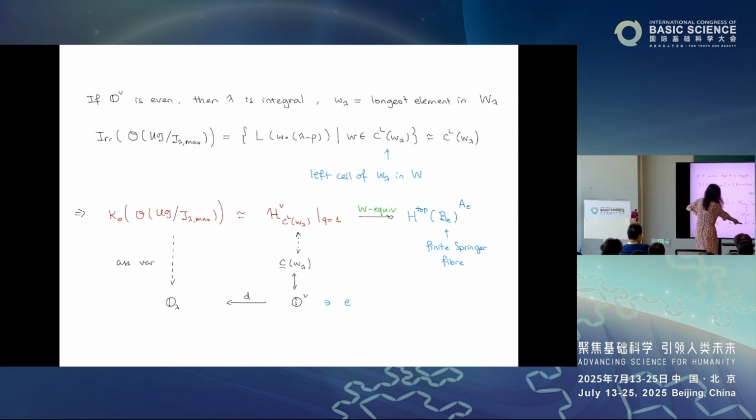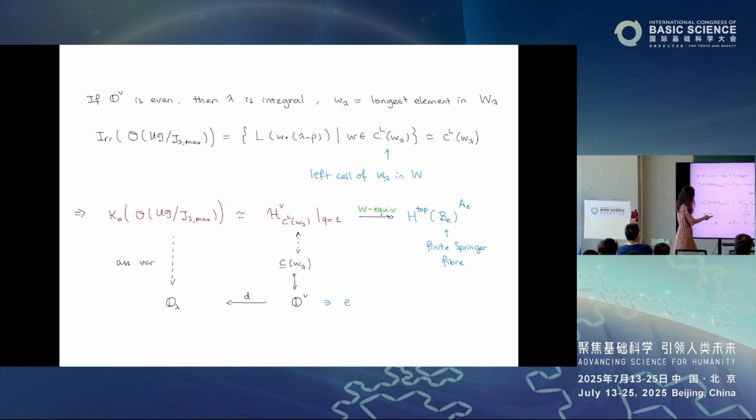So we started with an even orbit here, and you have a duality map. Under the duality map, it corresponds to some O lambda and produces, in particular, this integral weight lambda. And so we have this quotient whose associated variety is the closure of this orbit. And in the finite case, there's the Lusztig bijection we discussed before.